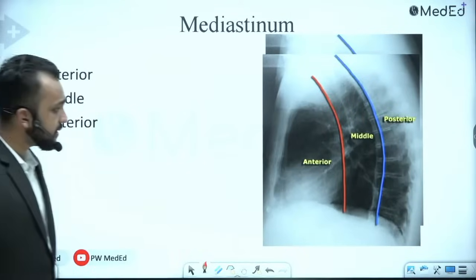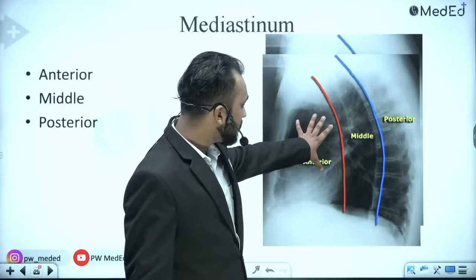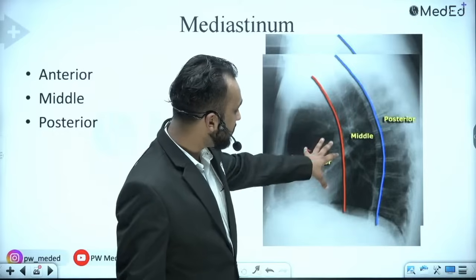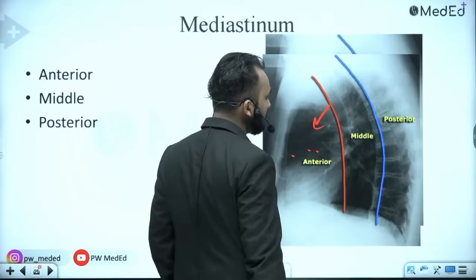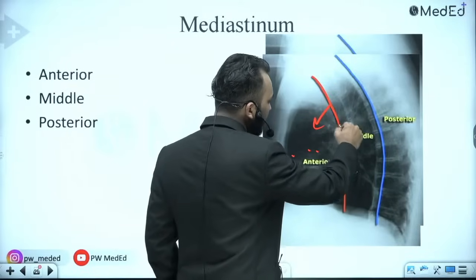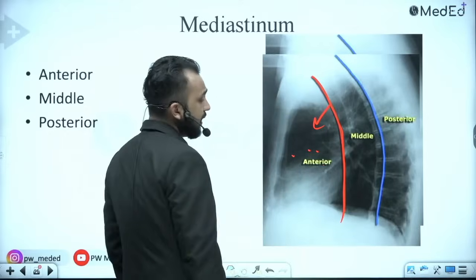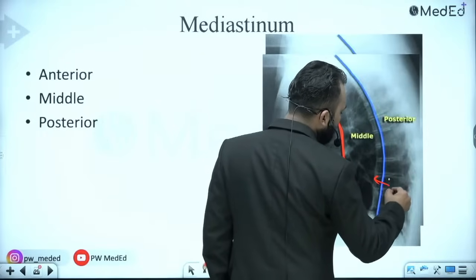So let me just tell you how you divide the mediastinum into three parts. The anterior mediastinum includes all the structures anterior to the anterior border of trachea. You will draw a line joining the anterior border of trachea with the posterior border of the heart, right? And then you will draw another line 1 centimeter posterior to the anterior surface of the vertebra.